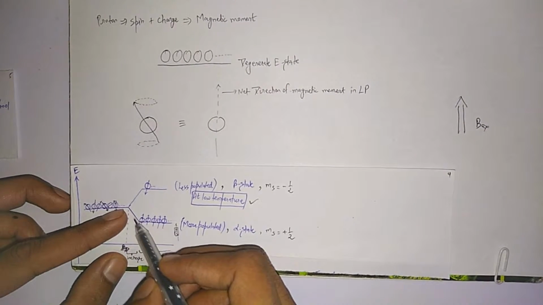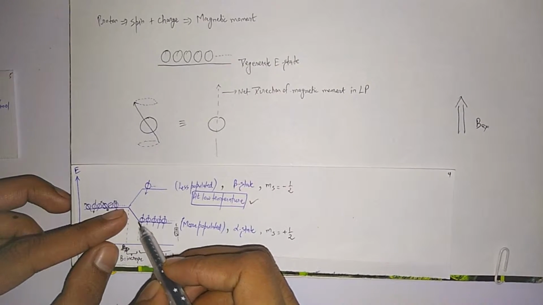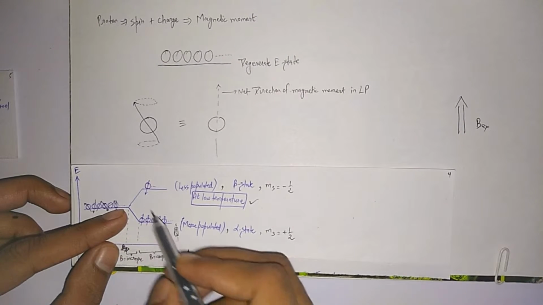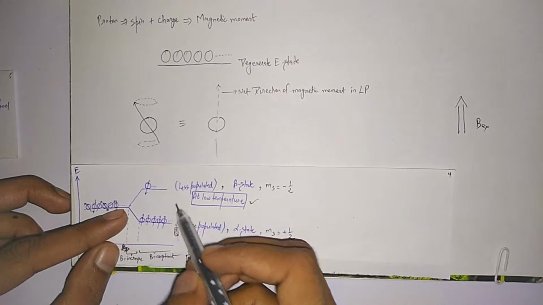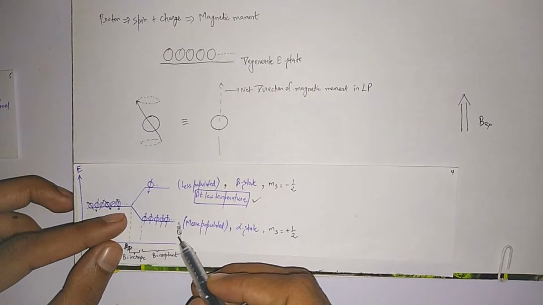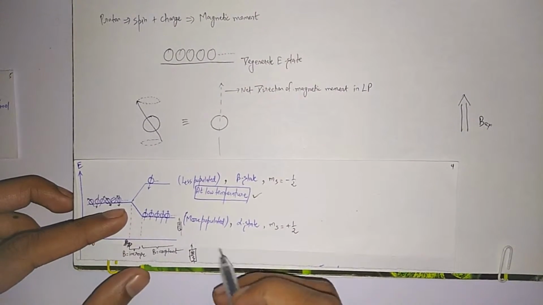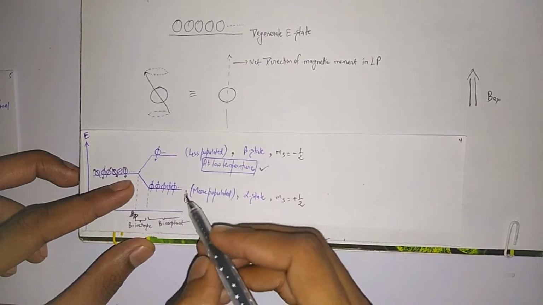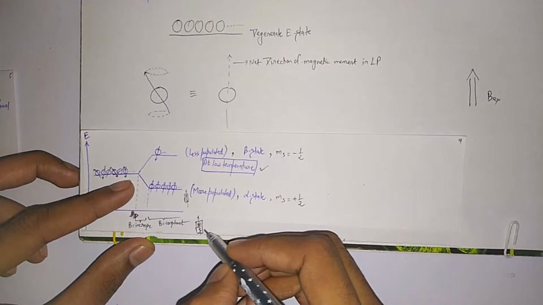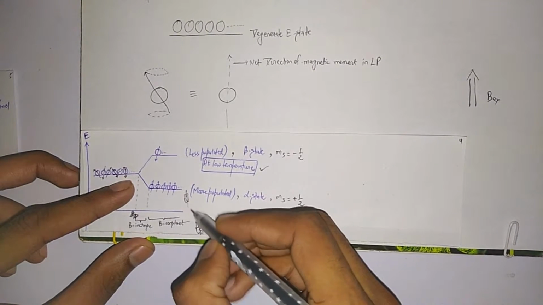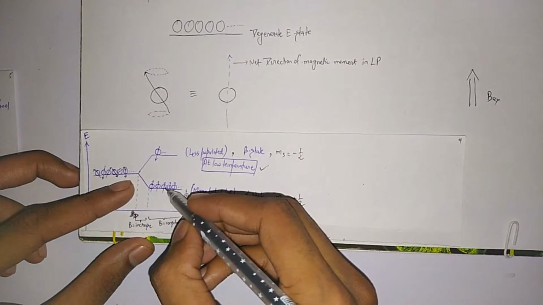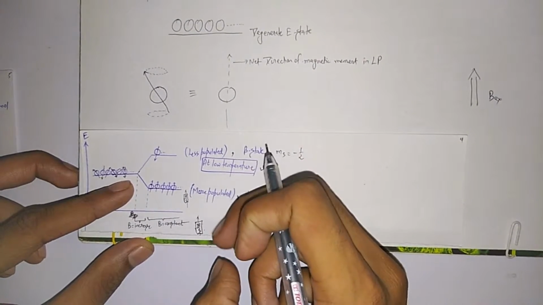As we increase the strength of the magnetic field, the alpha state is stabilized and the beta state is destabilized. Since the proton serves as a tiny magnet, when we apply the external magnetic field, say here is the north pole and here is the south pole of the external magnet, the opposite pole attracts the alpha state. So the alpha state will be attracted by the external magnet.